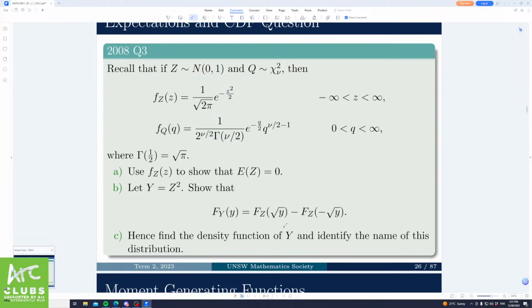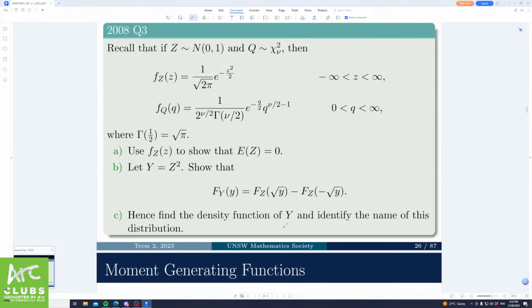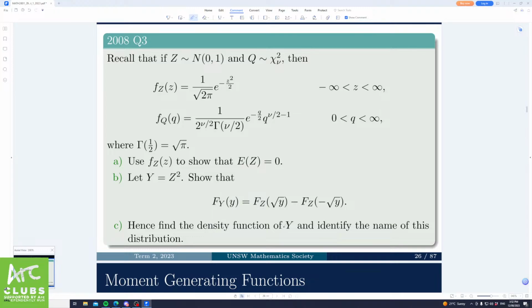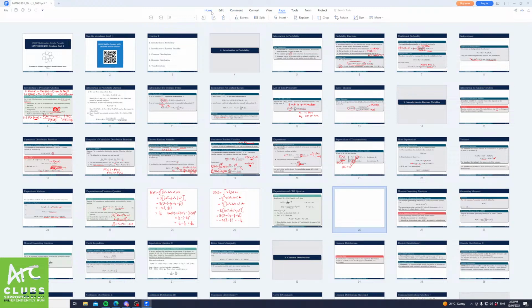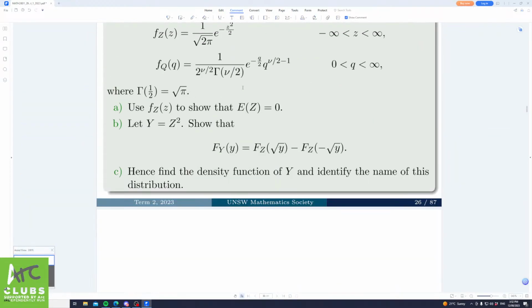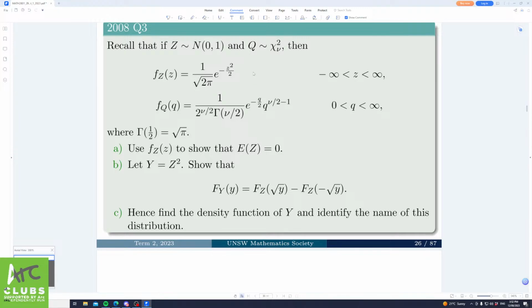The next question I have is a bit more complicated. It was actually one of the last questions in the 2008 paper. So I might add a page here. Okay, now it basically tells us the standard normal distribution and the chi-squared distribution, with degrees of freedom nu.